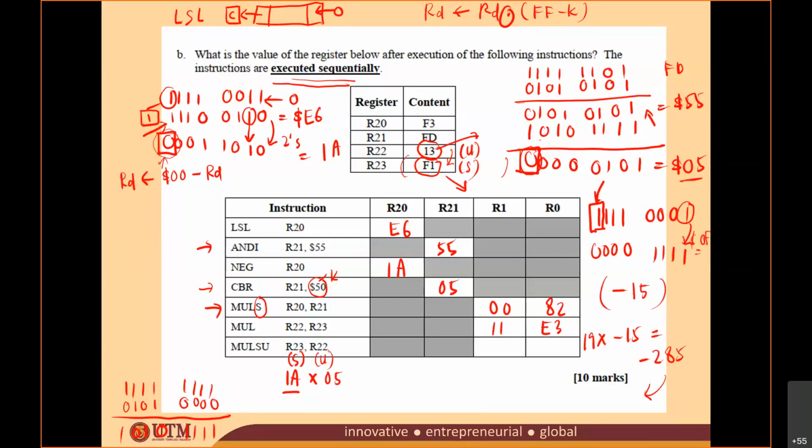You will get FF E3. Okay, so just take this 2-byte number. This belongs to R0 and this is R1. So the answer will be FFE3. Okay, semua dapat tak jawapan macam ni?